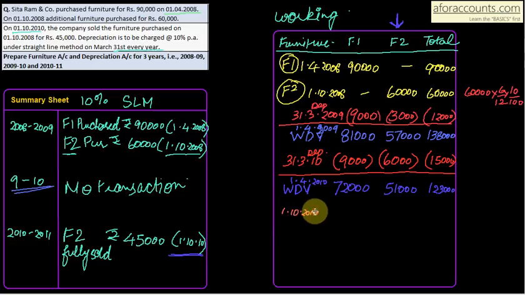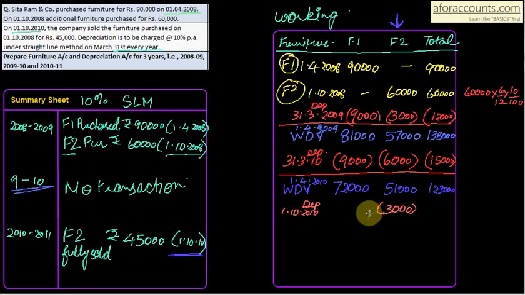How much depreciation will it be? For 6 months, from April to 1/10/2010 is 6 months. So on base amount 60,000, 6 months' depreciation is again 3,000.